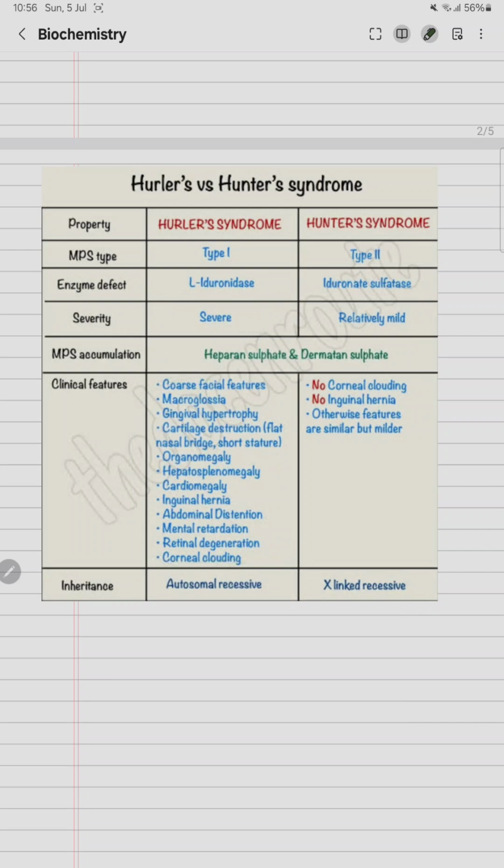They are almost similar for both Hunter and Hurler, with the exception of corneal clouding and inguinal hernia. For corneal clouding, you can remember that a hunter to hunt should have a clear cornea. So there is no corneal clouding in Hunter syndrome. The mucopolysaccharides which get accumulated are heparan sulfate and dermatan sulfate.